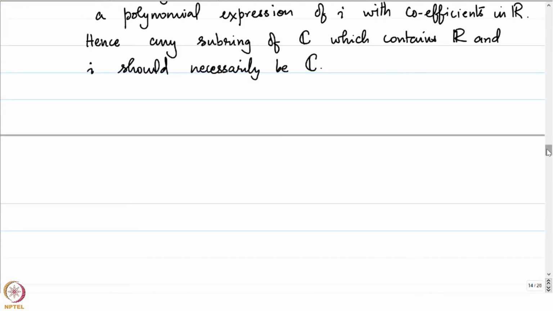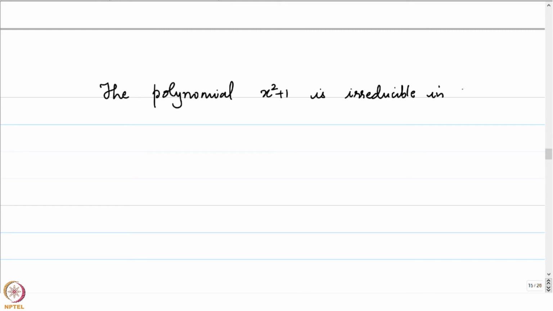So let's now work towards proving that this particular commutative ring is indeed a field. In order to do that, let's focus on the polynomial x square plus 1 in R[x]. The polynomial x square plus 1 is an irreducible element in the commutative ring R[x].